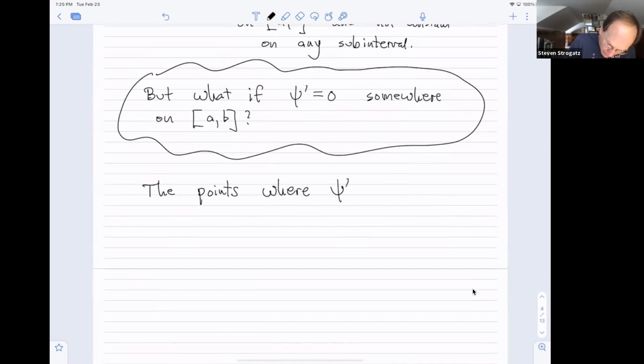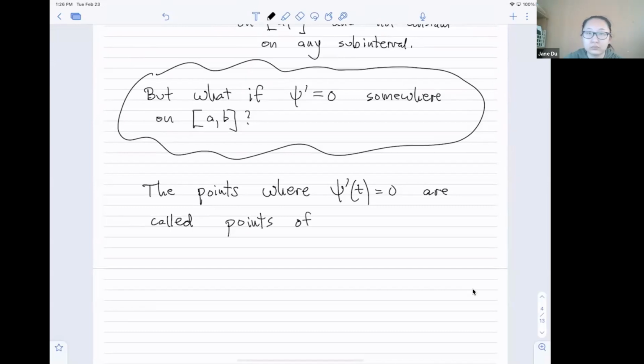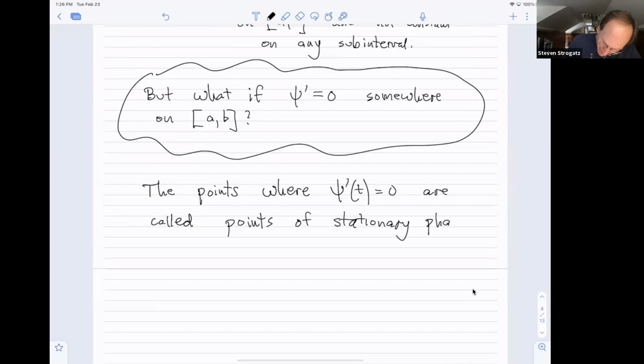So the points where psi prime of t equals 0 are the points of stationary phase.